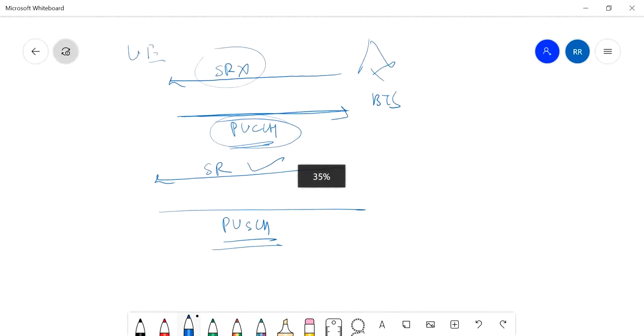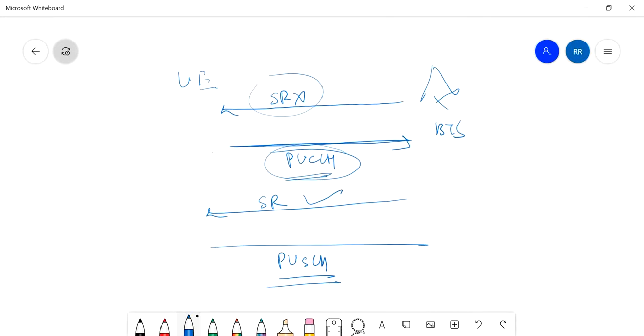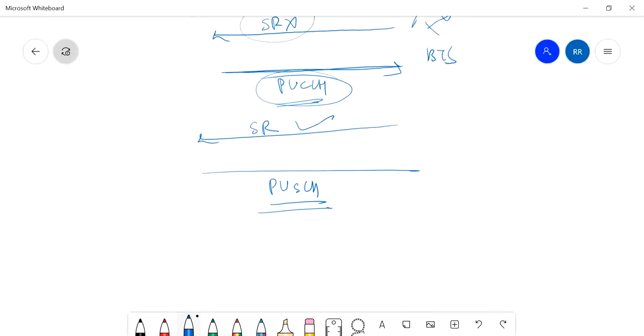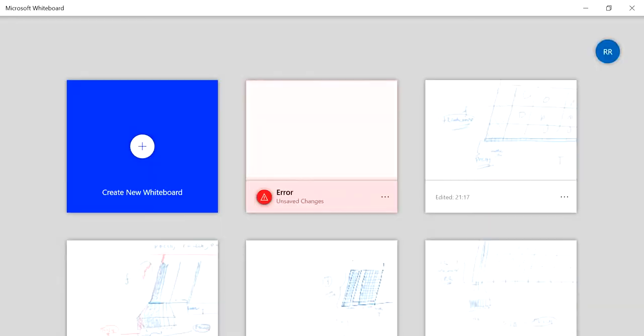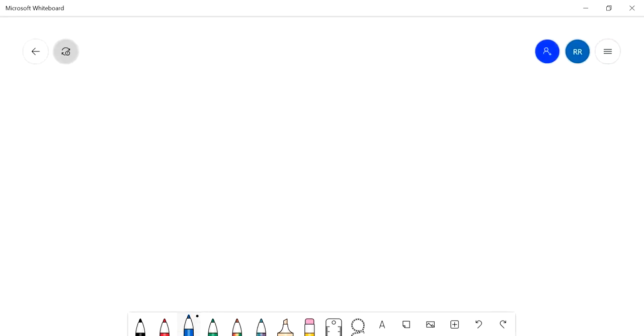But anyway, two more things are left: the RS and the sounding reference signal, SRS, in uplink. The RS and SRS will go over the full frequency on uplink.